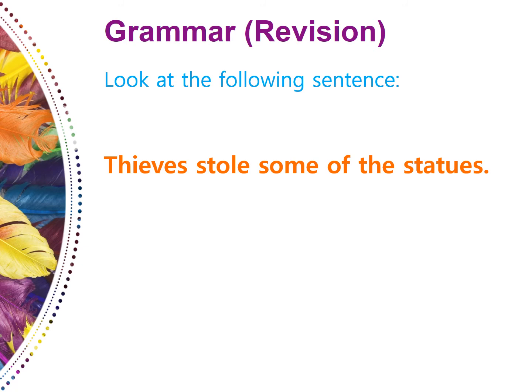Thieves stole some of the statues. If I ask you who stole the statues, the answer would be thieves did, right? So thieves is the subject. Stole is the verb in this sentence. And the object is some of the statues.